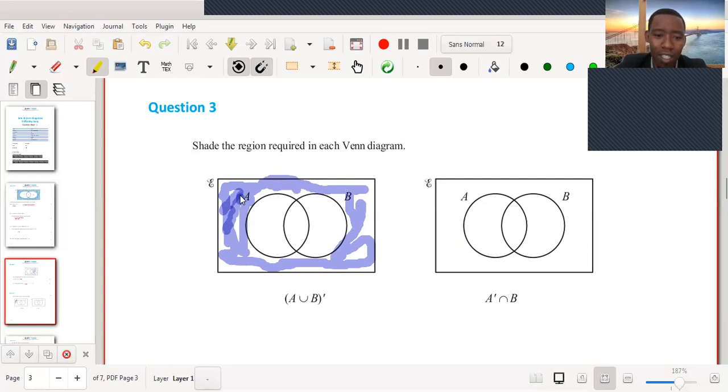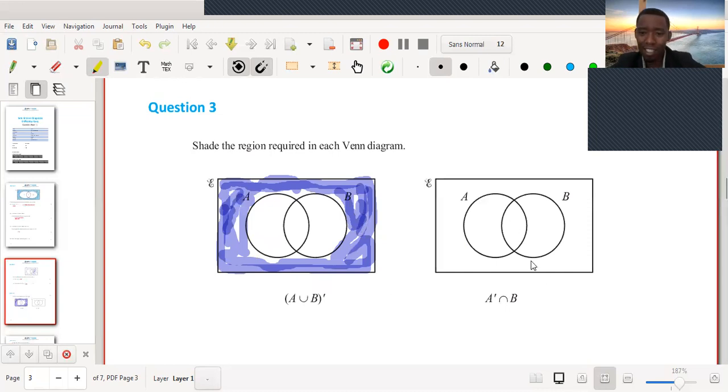So we shade everything outside of A union B, but make sure it's in the universal set. Okay, so this is it.